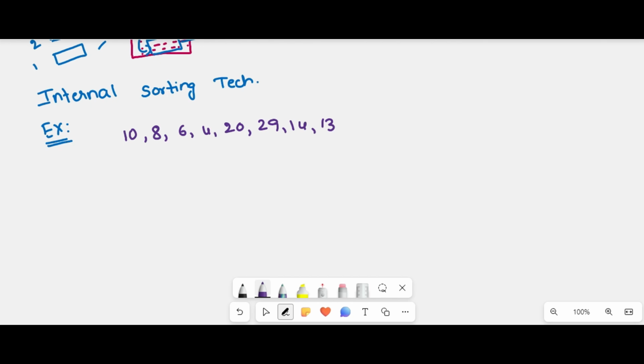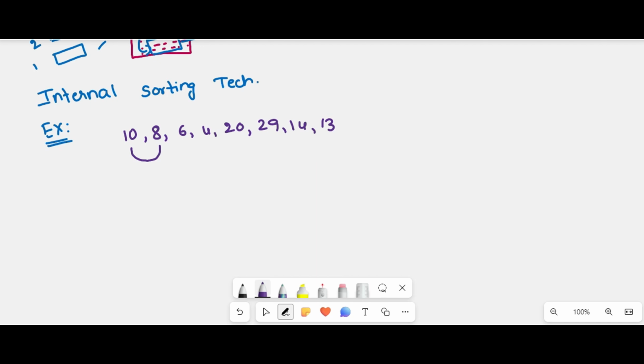Remember, in the bubble sort technique the sequential or successive elements are compared. That means these two elements are compared, after that these two, then these two, and so on. Like that, the elements are compared side by side. Let us start with the comparison of the first two.